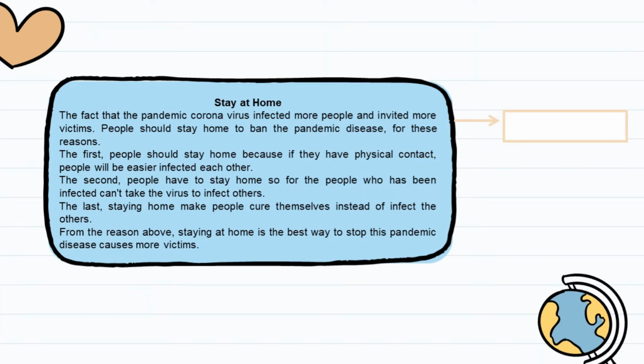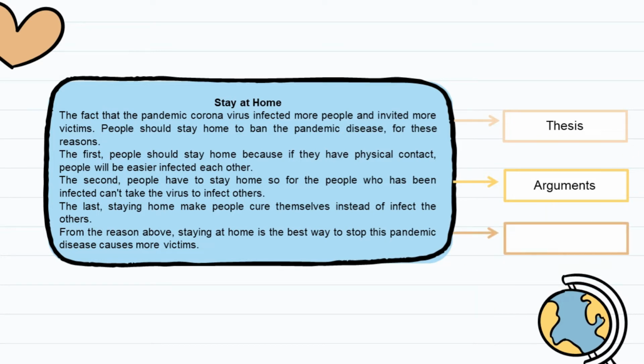Okay, the first three lines are the thesis, and it discusses the opinion and the fact about the coronavirus. And then the second one is the arguments. To support the thesis, the writer uses three kinds of reasons. And then, in the end, the writer restates his or her opinion again.